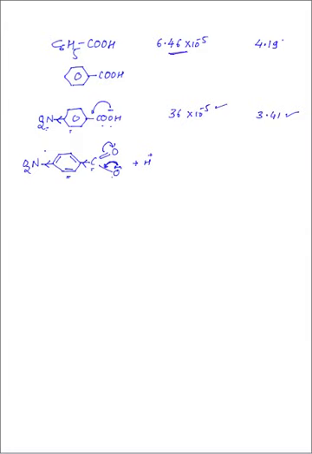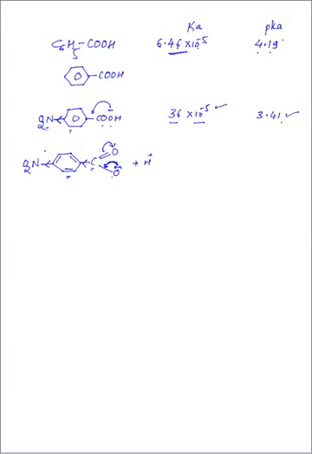See, in the benzoic acid, it is 6.46 into 10 raised to minus 5 Ka value. But in the para-nitrobenzoic acid, it is 36 into 10 raised to minus 5. Or if pKa values are taken, the pKa value is more in benzoic acid, it is 4.19. But in the para-nitrobenzoic acid, it is 3.41.